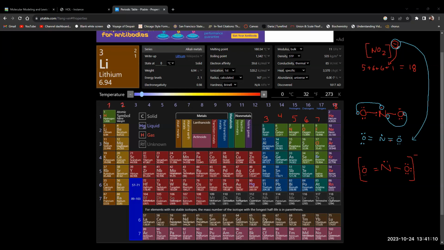If you see this charge on the initial question, remember to bring it to the final structure. This would mean it's correct. If you don't have the charge in brackets, it's considered wrong.